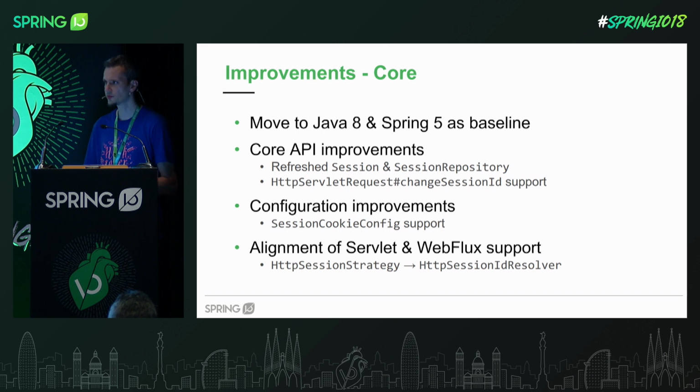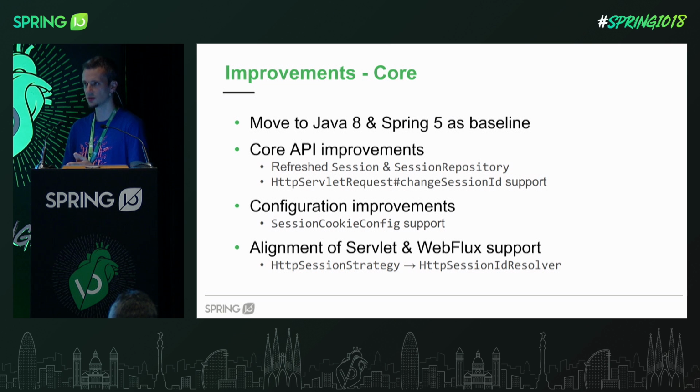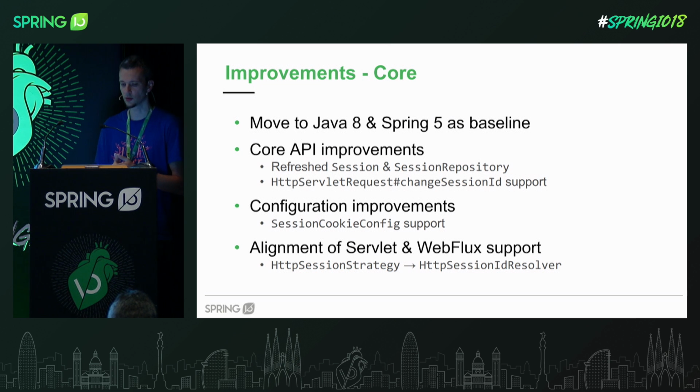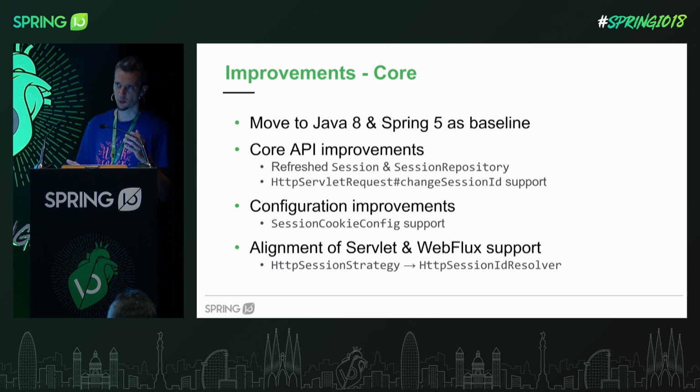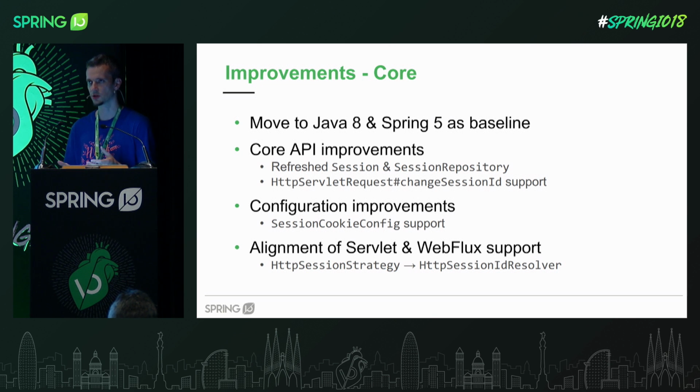Those of you who used Spring Session before are aware that our internal representation of a session consisted of session and expiring session, right? Our model was split into two interfaces, with expiring session containing all of the access to session properties related to session expiry.